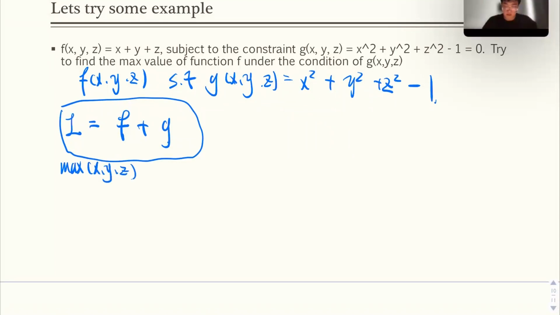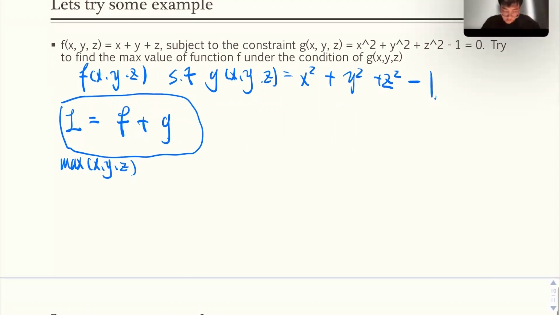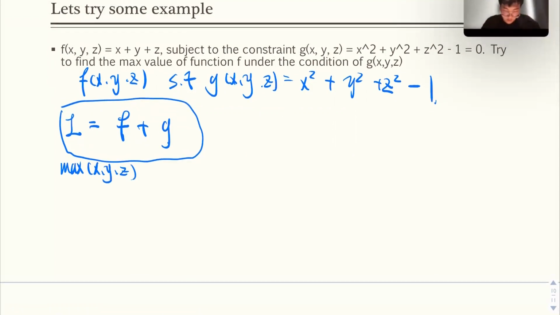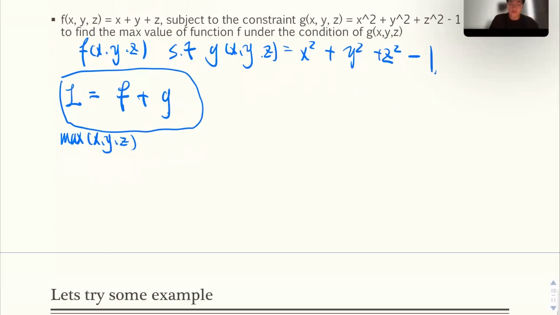So let's take a look at the solutions. Before we get into that, I will talk about the general process. This function has already combined the objective function with the constraint. So what we have to do now is maximize this function with respect to x, y, and z.